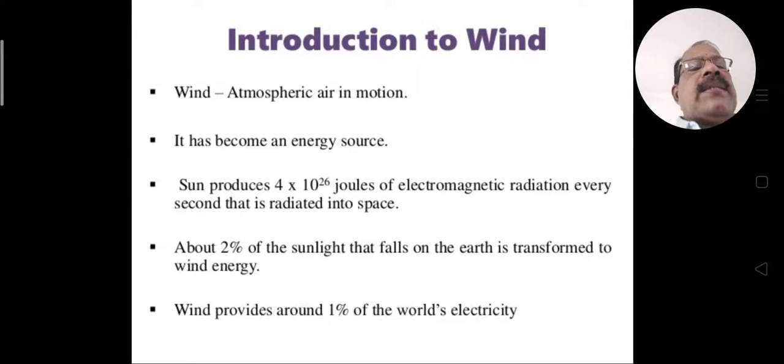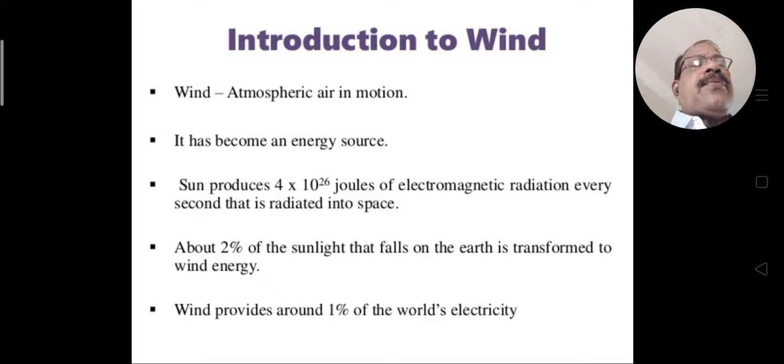The sun produces 4 into 10 power 26 joules of electromagnetic radiation in every second that is radiated into space, and about 2% of the sunlight that falls on the earth is transformed into wind energy. That means 2% of the sunlight is transformed into wind energy.